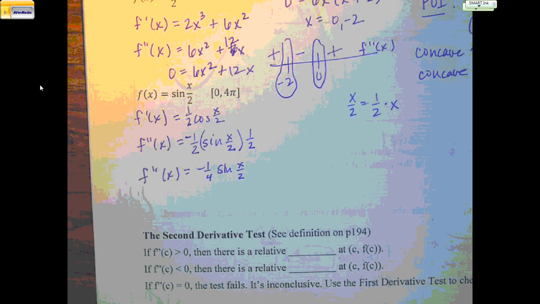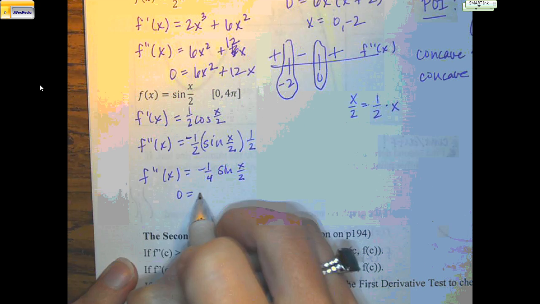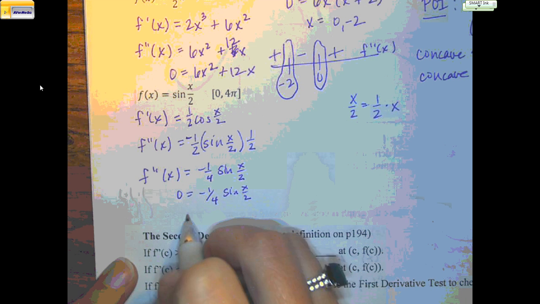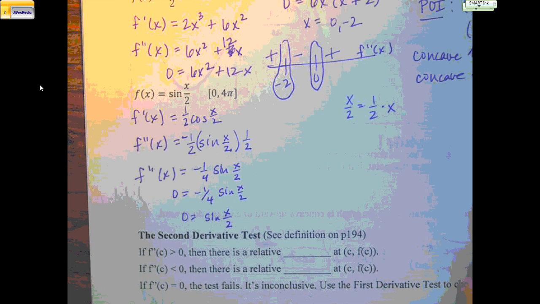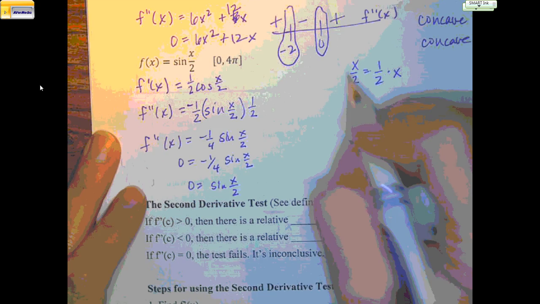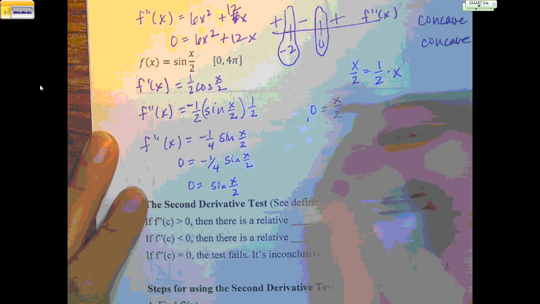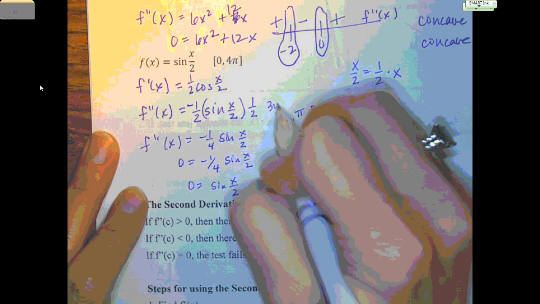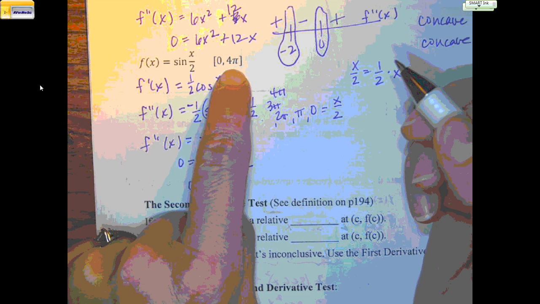Now what? Equal to 0. Okay, where are my places where sine is 0? 0, pi, 2 pi, 3 pi, 4 pi, and I'm going to stop there because so far I'm within the interval, and I think we're going to be able to shave some off here in a second.